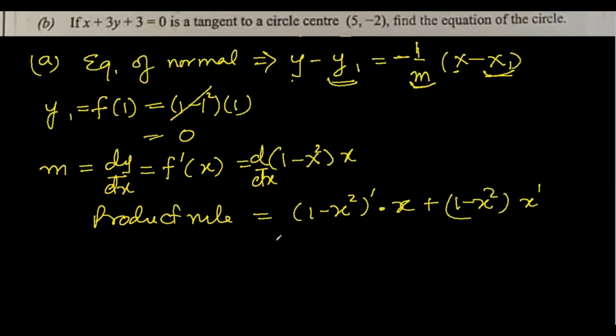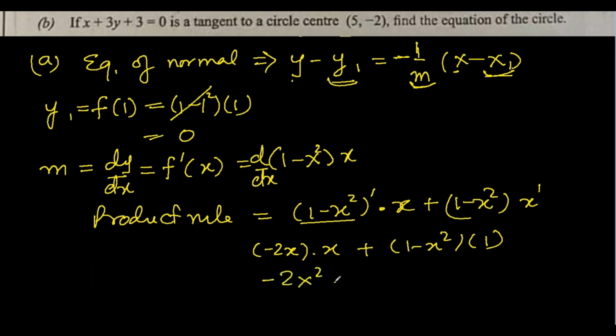So let's do it. Differentiation of 1 minus x squared will be minus 2x times x, plus 1 minus x squared remains the same, and the differentiation of x is 1. This will be minus 2x squared plus 1 minus x squared.